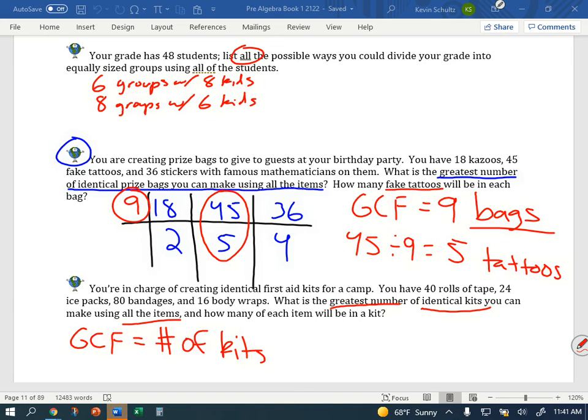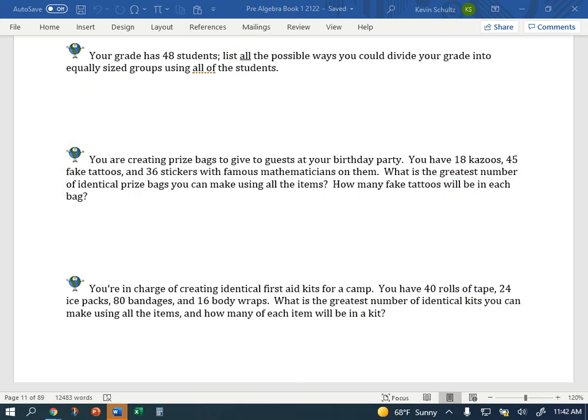So you can do the rest of them, but I want all the possible ways that you could divide a class of 48 kids into groups. There are 10, I believe. All. Doesn't say almost all. Doesn't say about all. It says all.